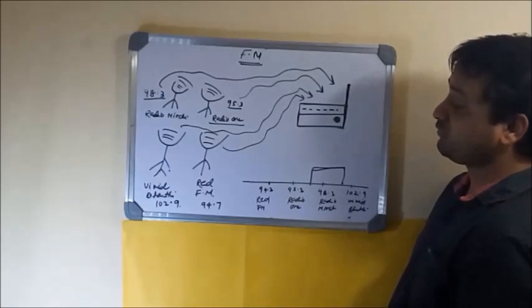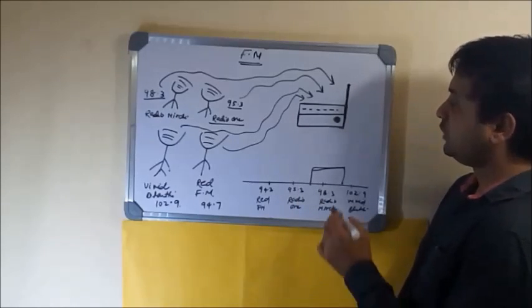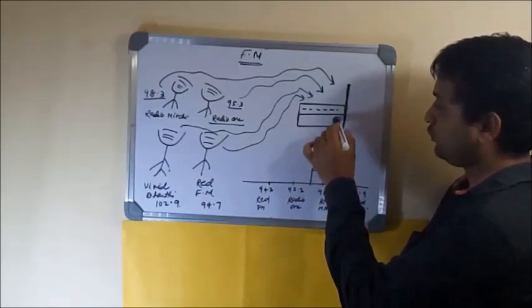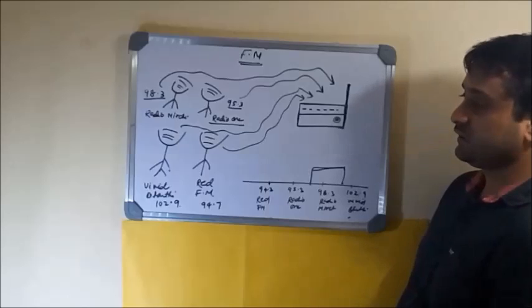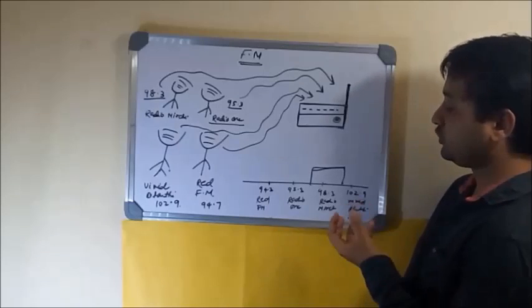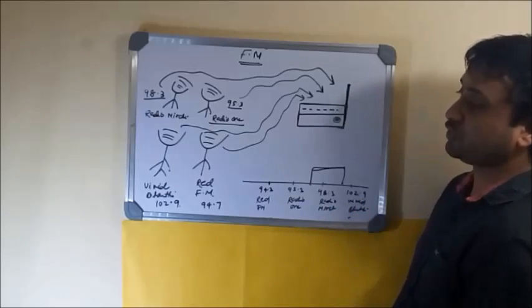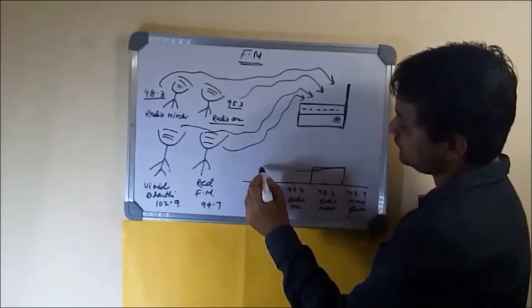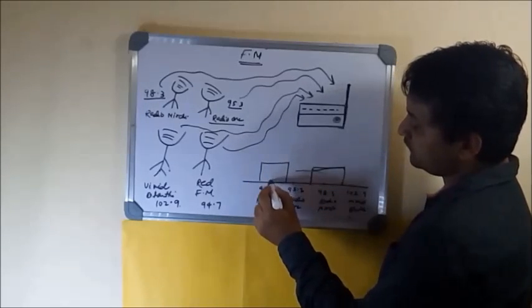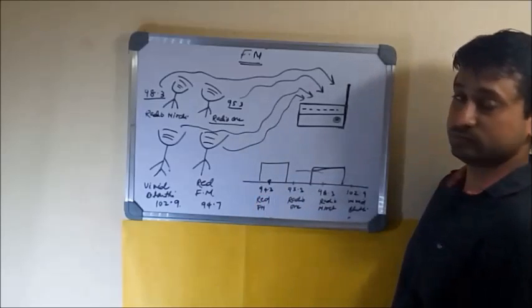What happens if after some time you want to listen to Red FM? Inside the radio receiver, if you rotate the knob, the center frequency changes according to your rotation. So after some time it moves here, and now you are able to listen to Red FM.